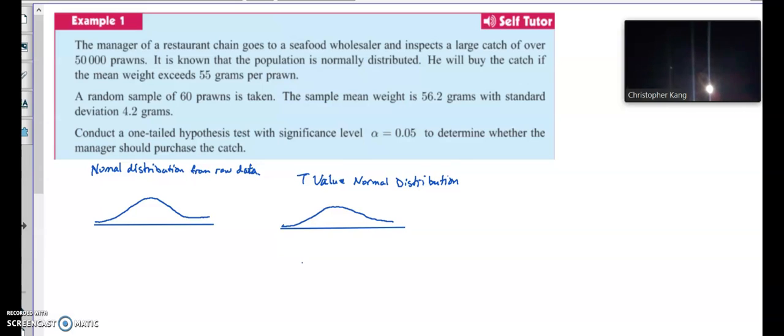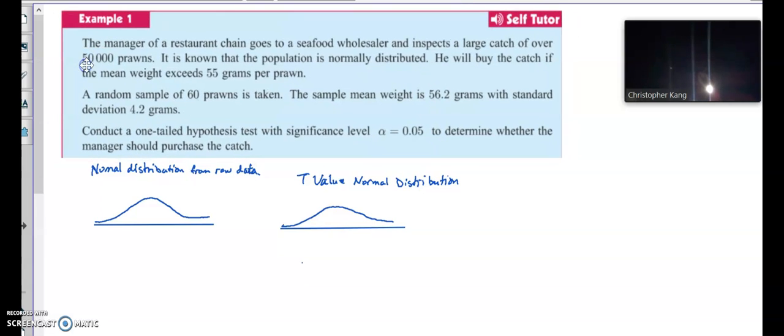Now, the person buying the prawns will only buy the catch if the mean weight is more than 55 grams per prawn. So it's unreasonable that he weighs all 50,000 prawns. So what does he do? He takes a random sample of 60 prawns, and then he finds the mean weight of those prawns and the standard deviation of those weights, right?